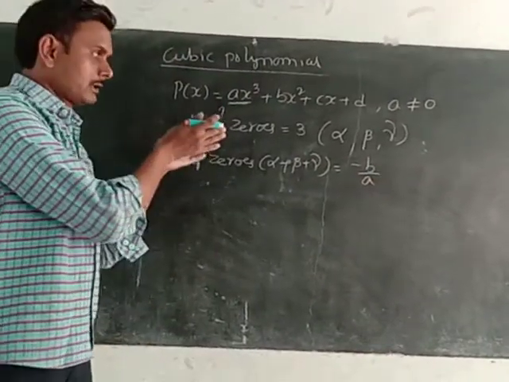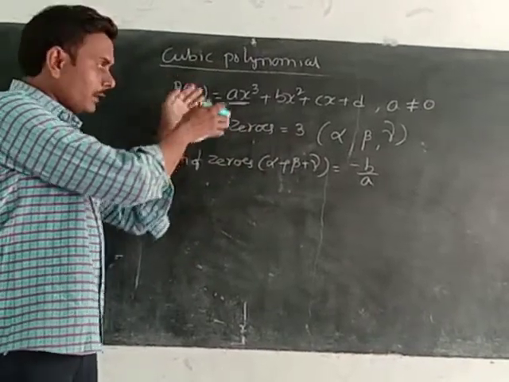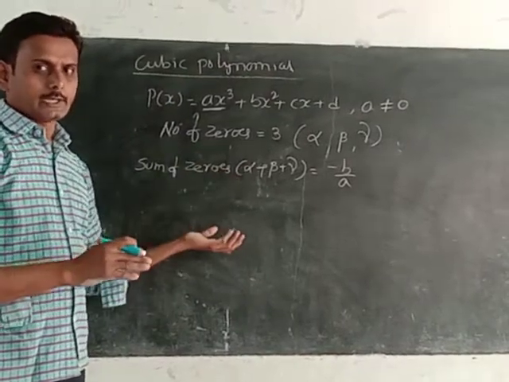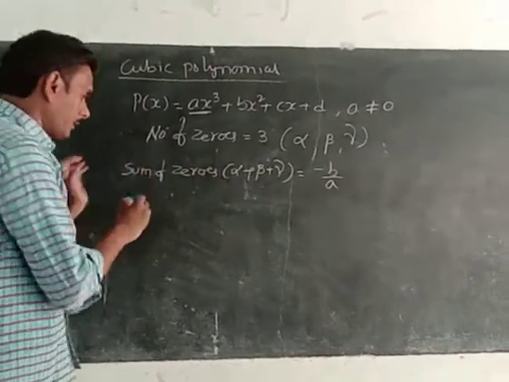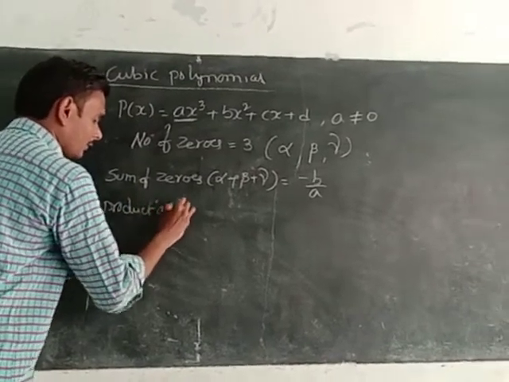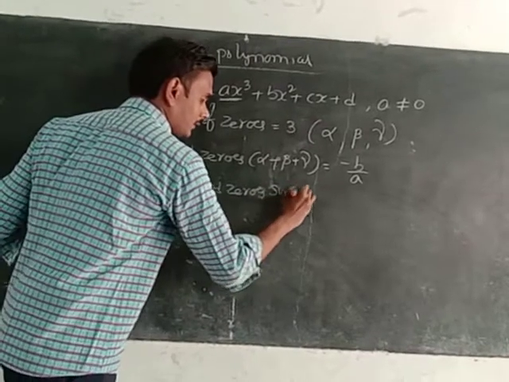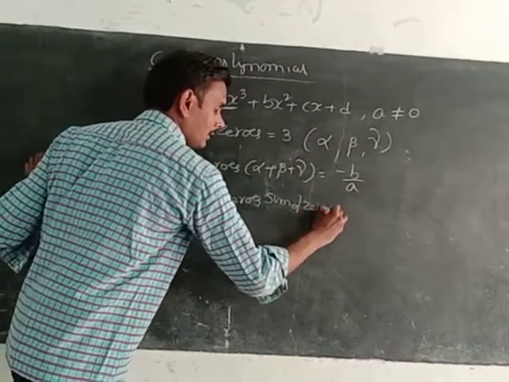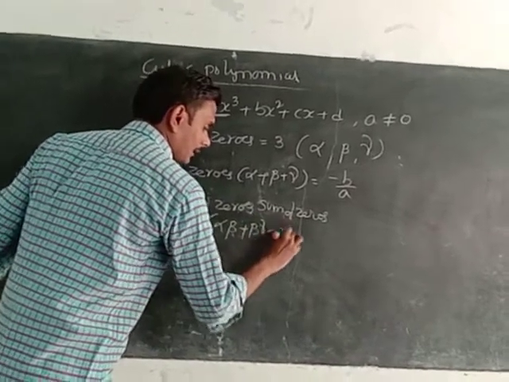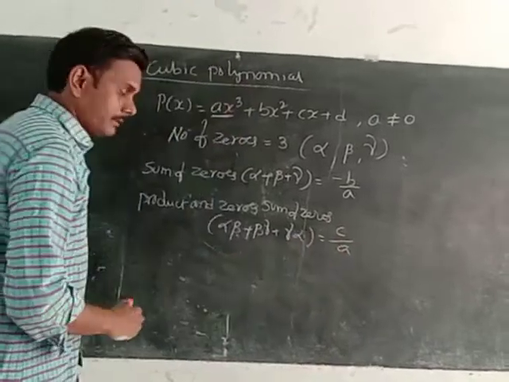Already we discussed how we get the sum of zeros and product of zeros for the quadratic polynomial. The same model we use here, but no need for that calculation here; you just have to remember. Alpha beta plus beta gamma plus gamma alpha equal to c by a.